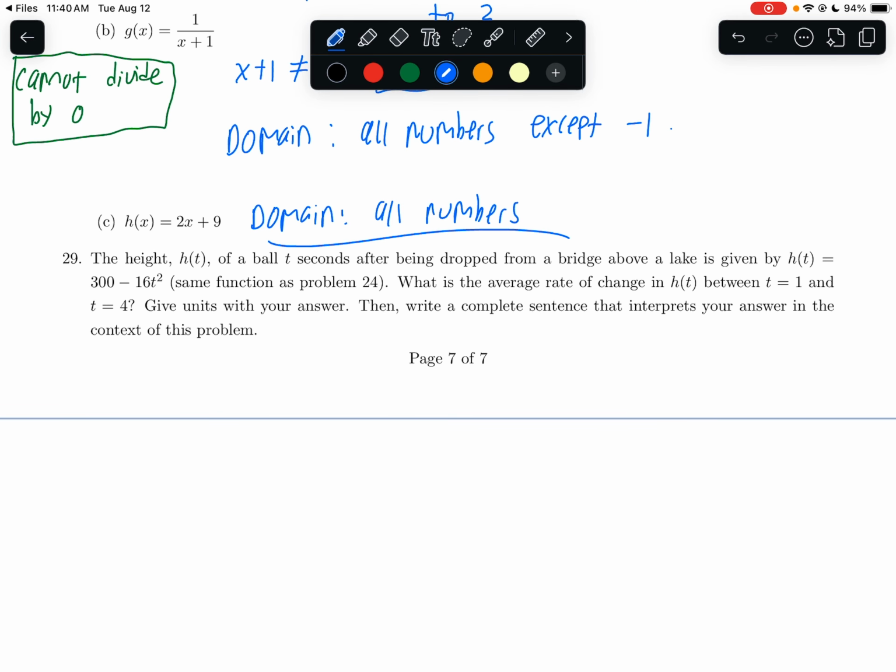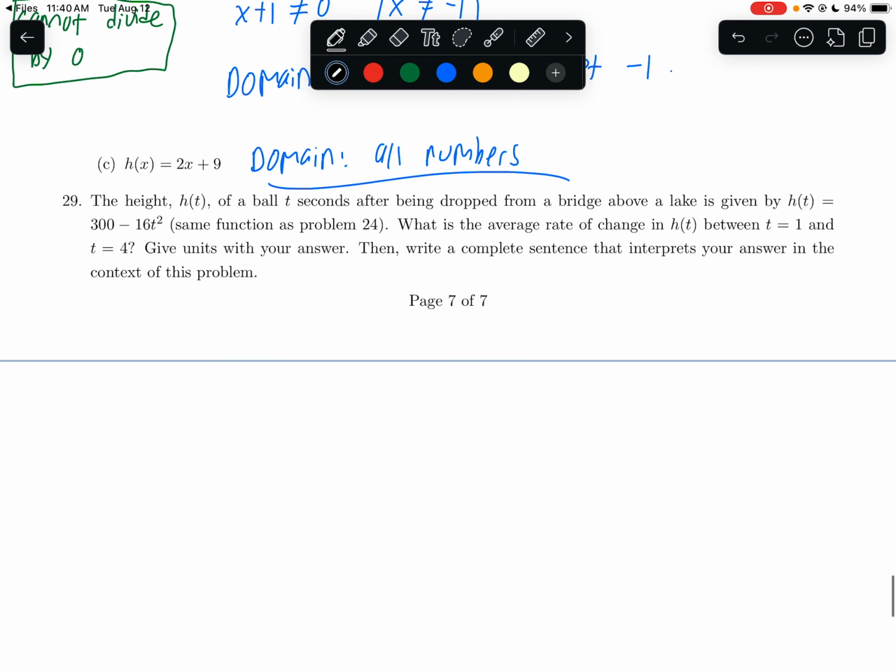It's a linear function. Okay, for the last question here, the height is dropped from a bridge above a lake. So this is actually the same function that's in problem 24. We're doing something different here, but just to point out, it's the same formula. What is the average rate of change between these 2 points?